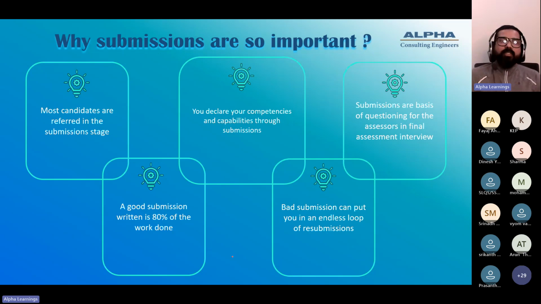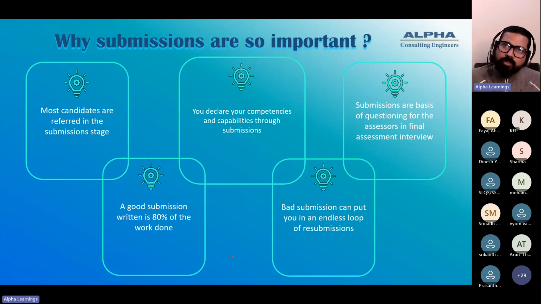Every professional has a different experience and a different expertise level. Some candidates are working in pre-contract, some in post-contract. Some are very experienced, 25 years, some are less experienced, 7 or 8 years.